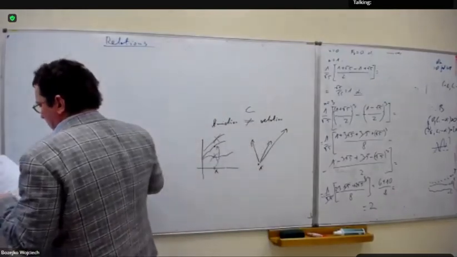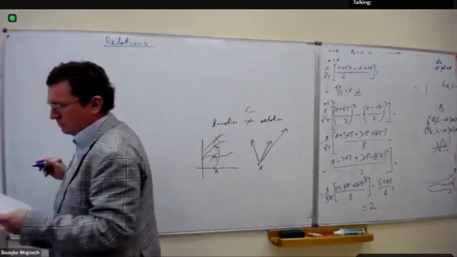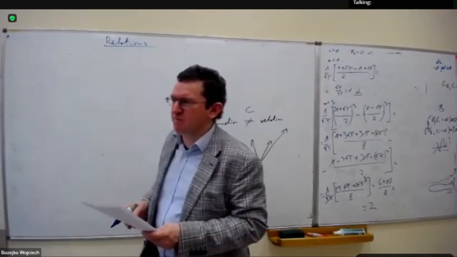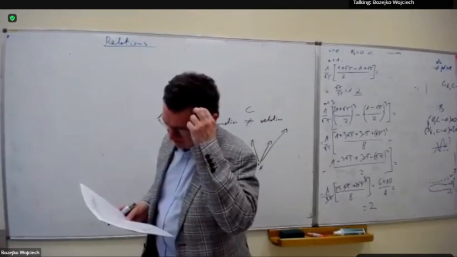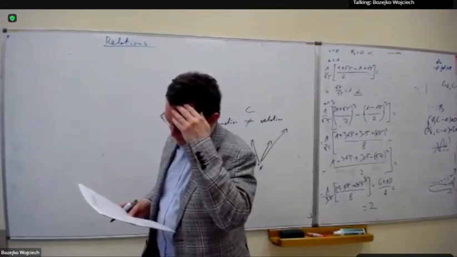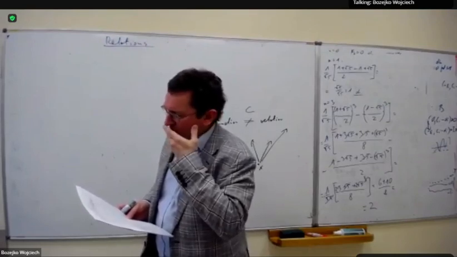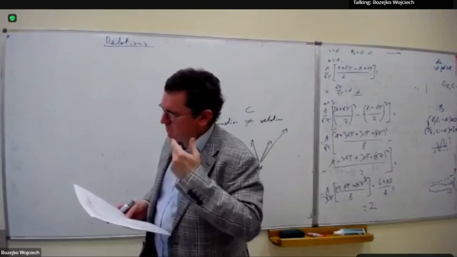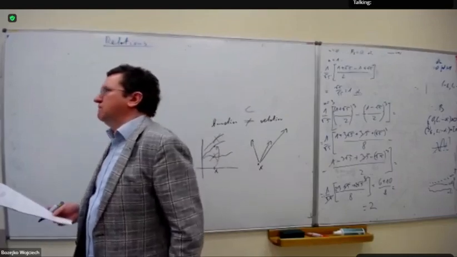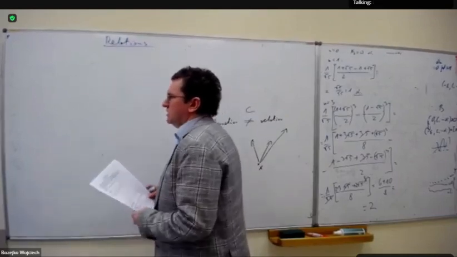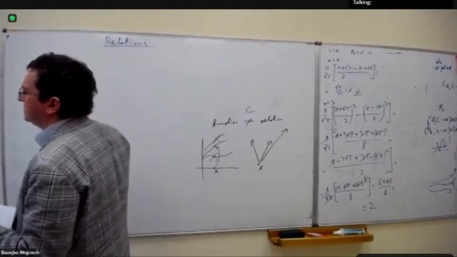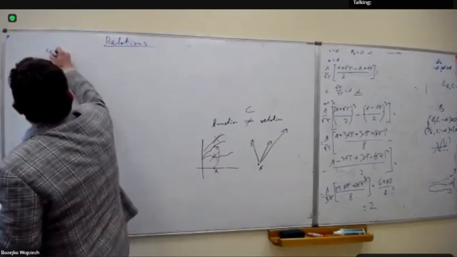We'll think about relation as a binary relation, but the main base of this theory is the so-called Cartesian product.